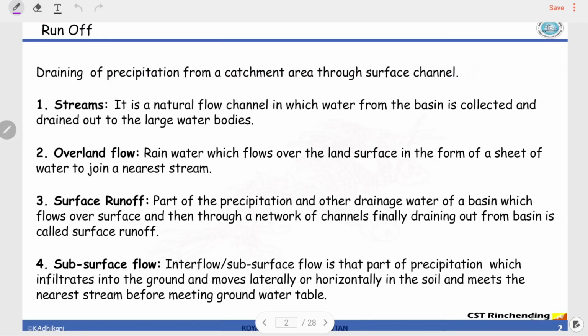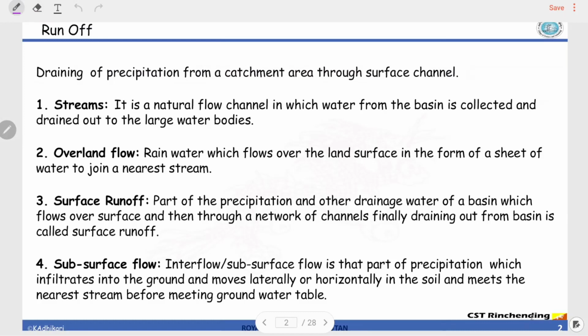Next term on the list is overland flow. As soon as there is a rainfall, and the rainfall intensity exceeds the infiltration capacity, the runoff starts. But it does not start as a stream, it starts as a sheet flow.